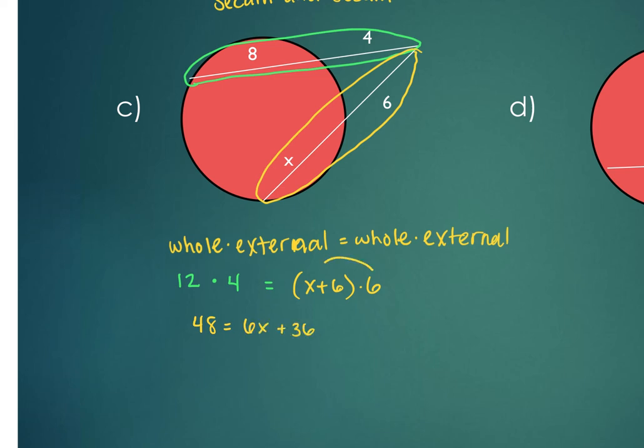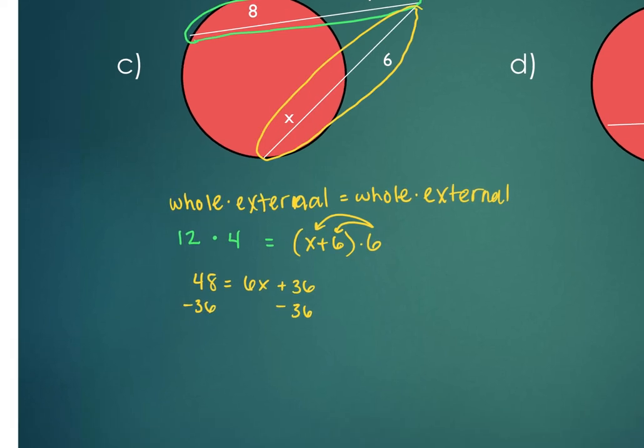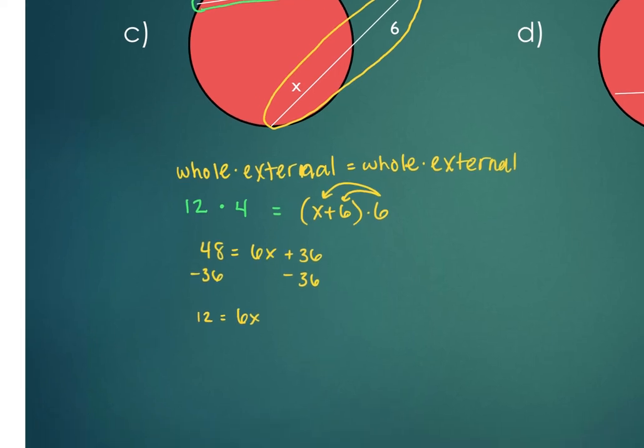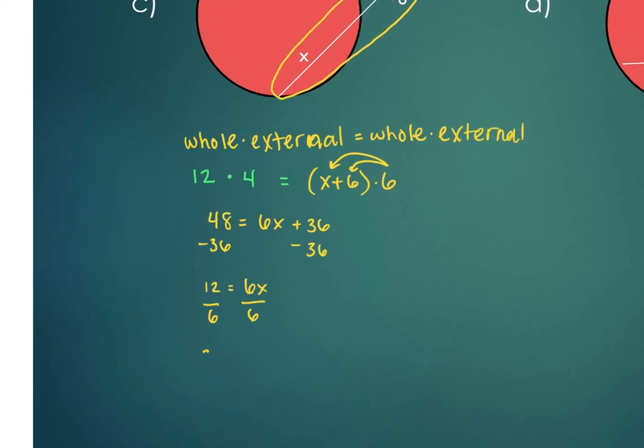We distribute that 6 to both terms. We subtract 36 from both sides. We're going to get 12 equals 6x. Divide by 6, divide by 6, and you get 2 equals x.